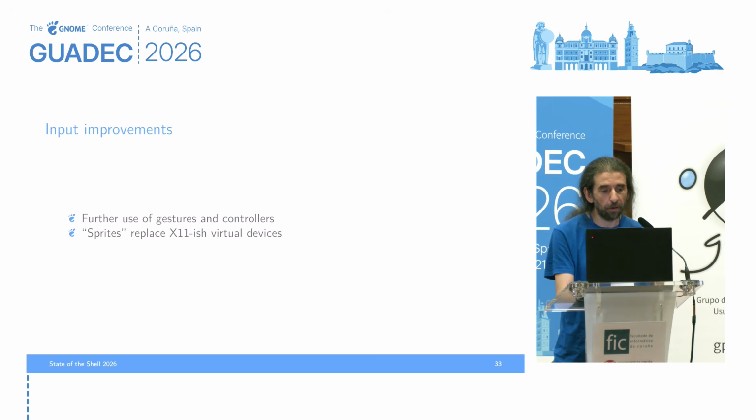So we now have a sprite object that replaces this on-screen pointer thing or keyboard focus thing, and replaces it with a dedicated object that is not the same type as the physical devices, which has also allowed us to move a lot of logic about picking, about transmitting event propagation, things like that.